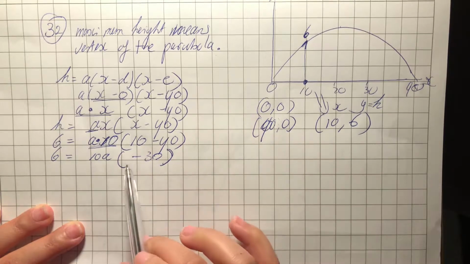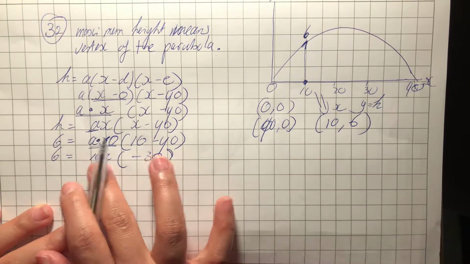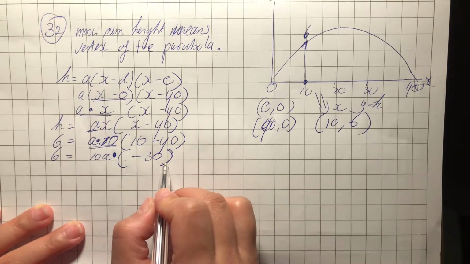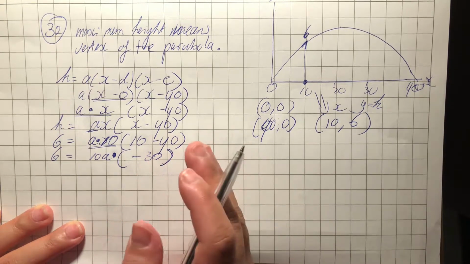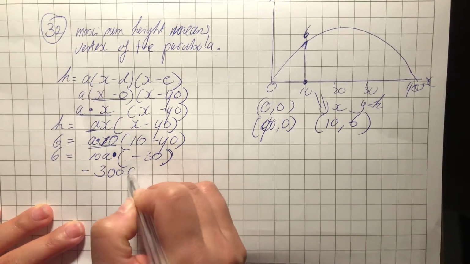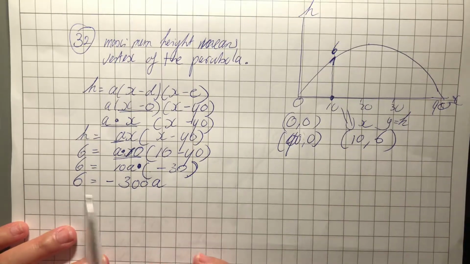Now, you can remove the brackets as well, because then you will get just, to solve, 10a times negative 30. Come on, let's calculate. We get negative 300a. And on the left side, it's still 6. Solve this equation.